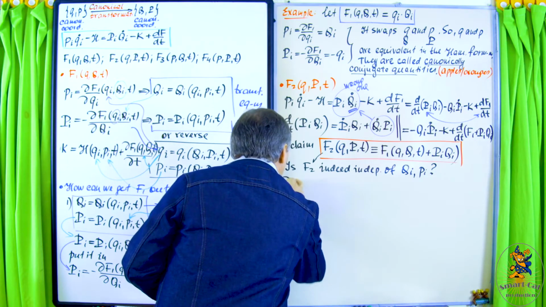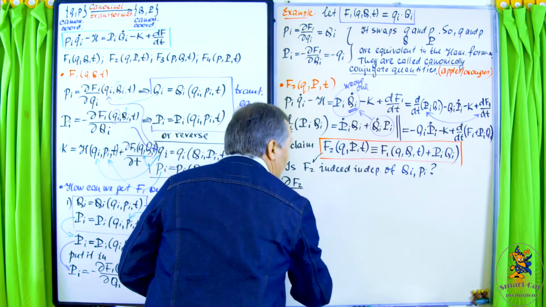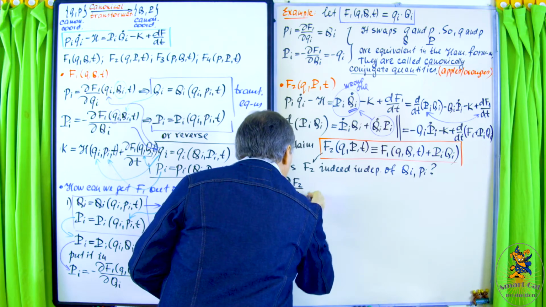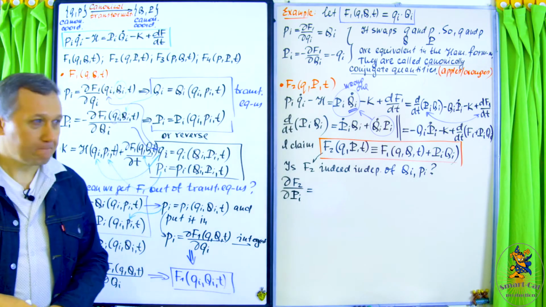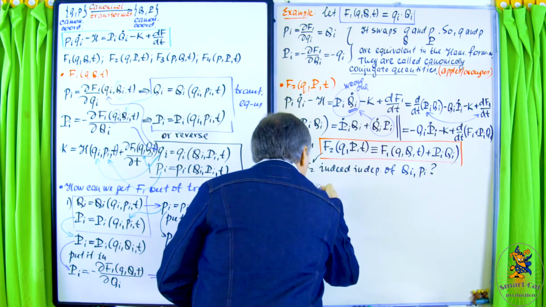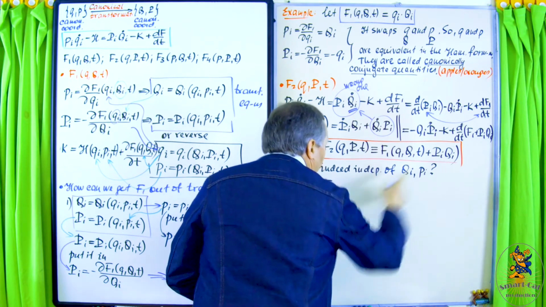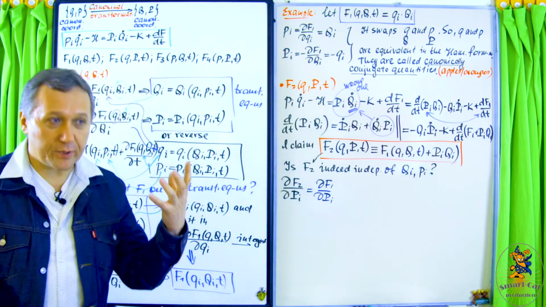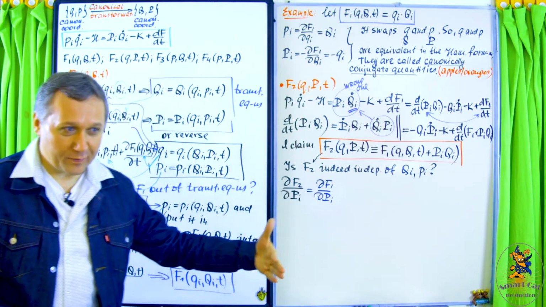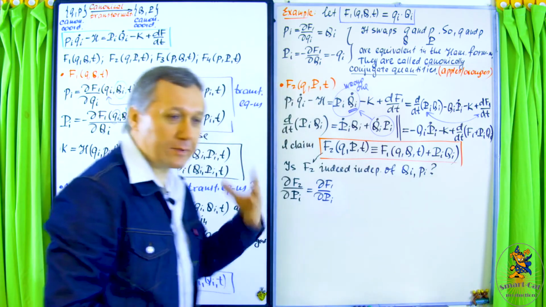So let's look at the partial derivative of F2, the way we introduced it, with respect to, let's start with, p capital. Okay, so partial derivative of F1, so dF1 with respect to P_i, and partial derivative, again, only searches for explicit presence of a variable. So explicit presence of p capital is there.